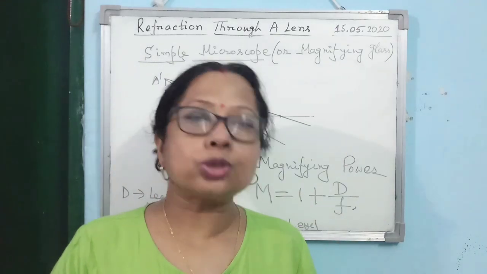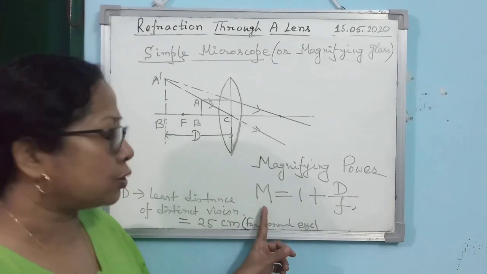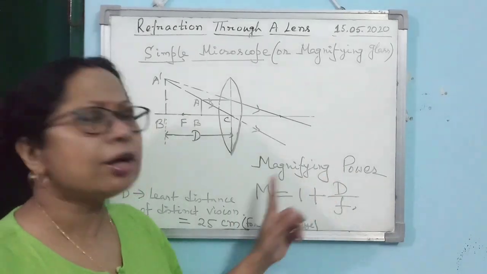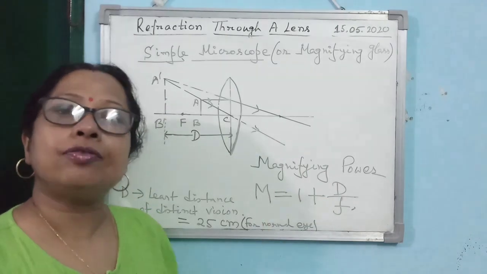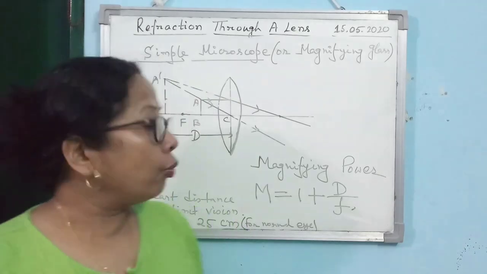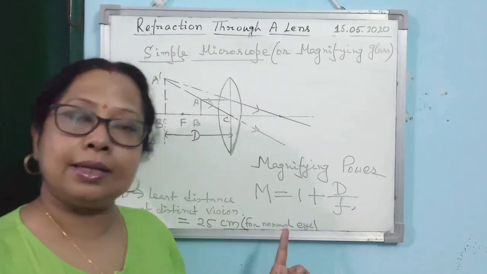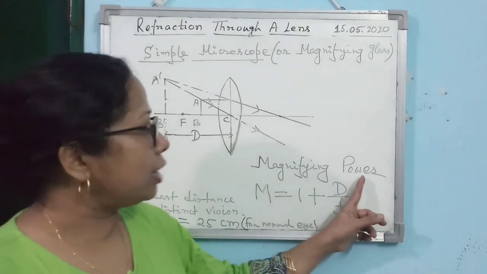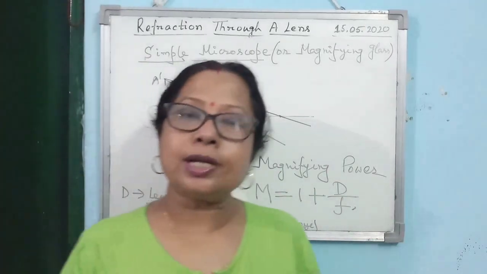So for magnifying power we have to use big M. You cannot write small m. If you write small m, then it will refer to linear magnification. That's why, girls, while using the symbol, use it properly.